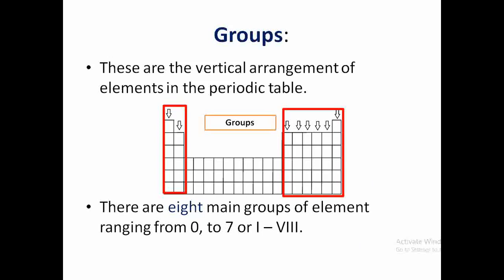That is 1 to 8 in Roman numerals. If you look at your copy of the table, you will see 18 columns. The first 2 and the last 6 are the 8 main groups. We shall look at the middle 10 columns later. Our focus now is on the 8 main groups.